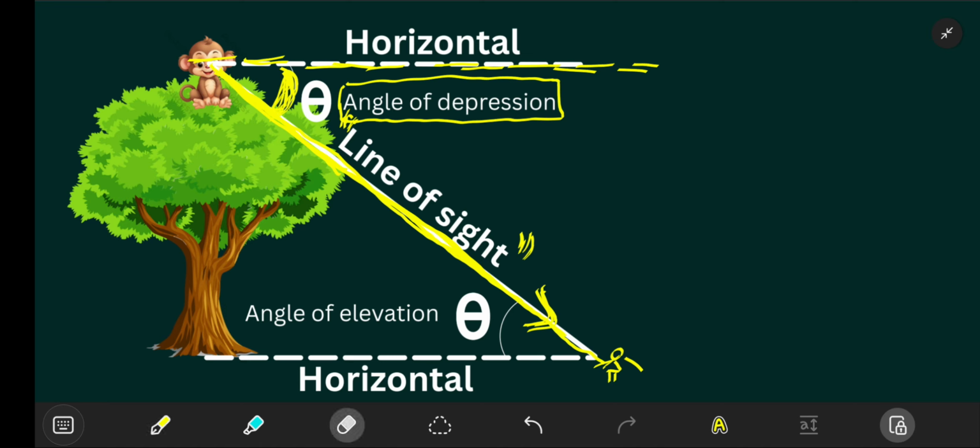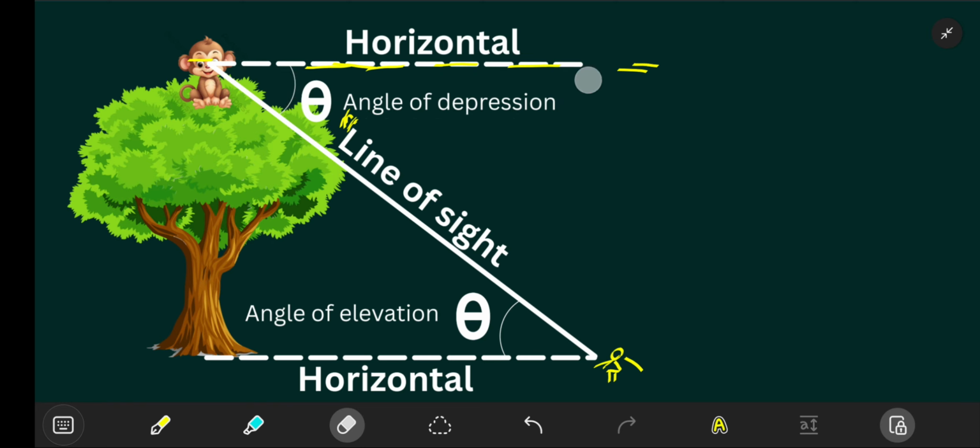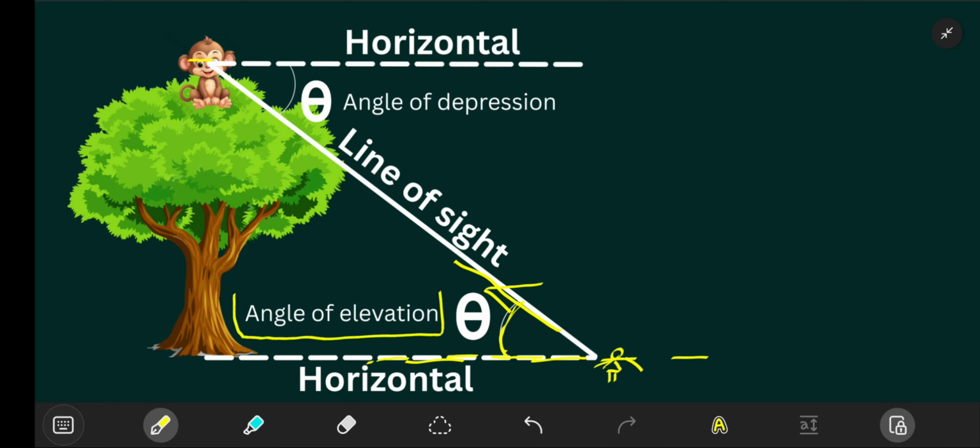In simple words, when we look upwards, the angle made by the line of sight and the horizontal gives the angle of elevation. When the monkey looks downwards, the angle made by the line of sight with its horizontal is called angle of depression.